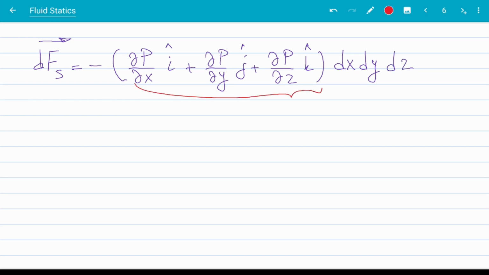Now this term here is very interesting. This is the gradient vector of a scalar field. You have to remember that pressure is a scalar, and this is the gradient of that scalar field. We call this the pressure gradient. And we usually show it like this.